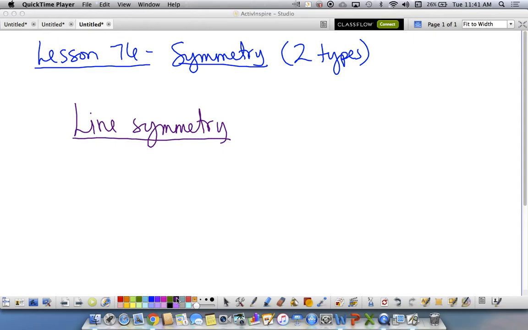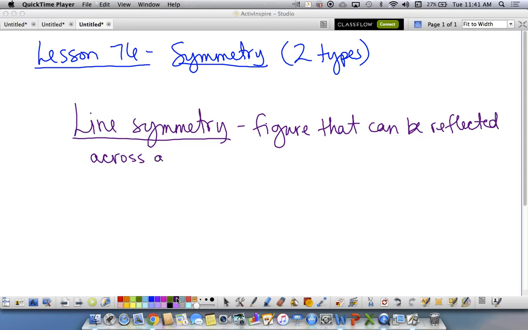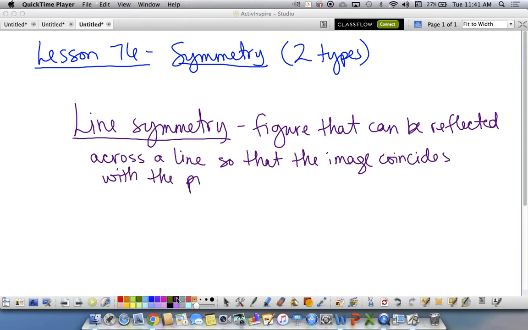A figure that can be reflected across a line can be reflected. So we just talked about that the other day, reflections across a line, so that the image coincides with the pre-image.